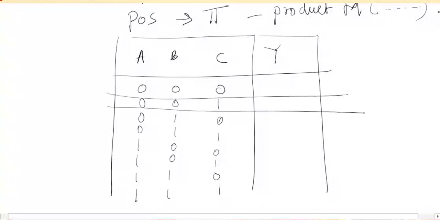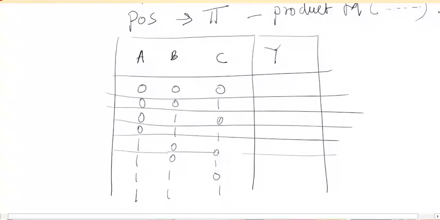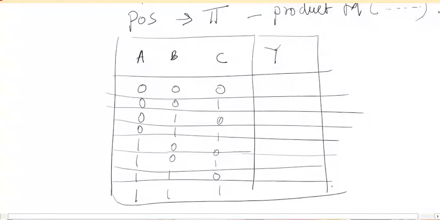Okay. So the possible input combinations are like this. Simply for identification, I am giving the rows and columns. Okay. Now the output may be anything. Now let's take the example. The output is 0, 0, 1, 1, 0, 1, 0, 0.